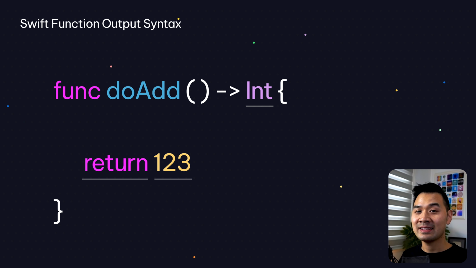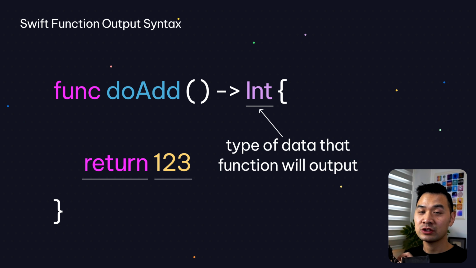In fact, that is to signify that this function returns something, like it produces some sort of output. And then followed by that makeshift arrow, we have the data type of the data that this function produces. In this case, I'm going to put int because I want to return or output a sum.